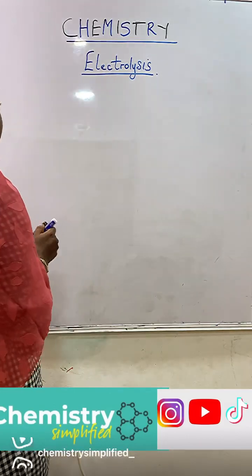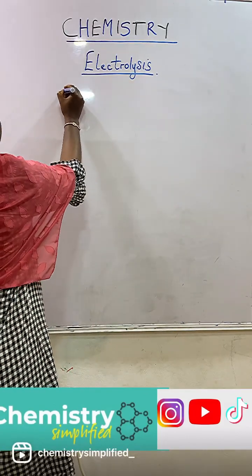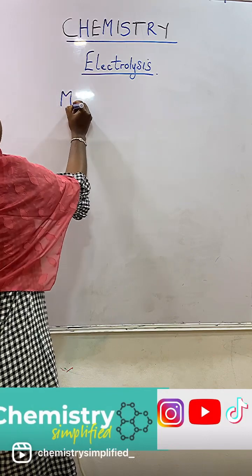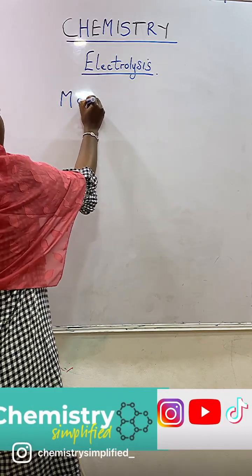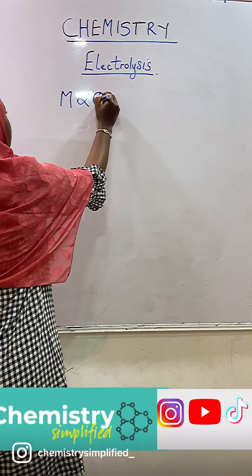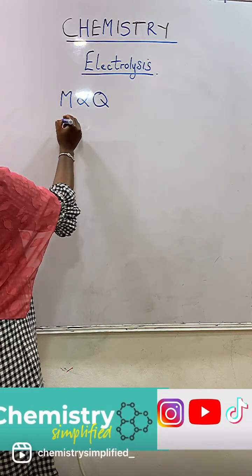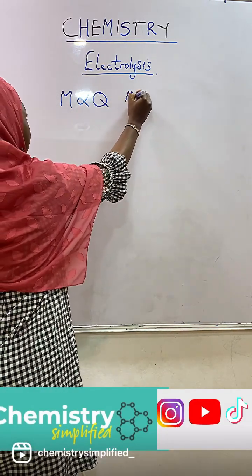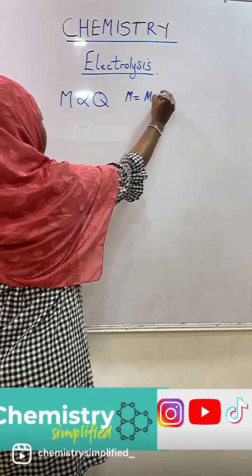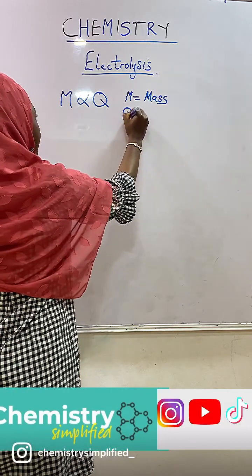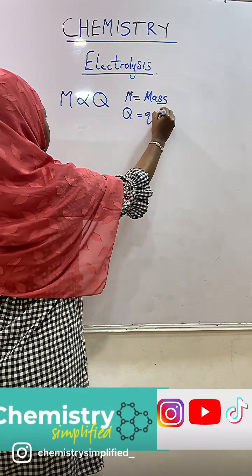We said the mass of an element discharged during an electrolysis is directly proportional to the quantity of electricity passing through it. M here stands for the mass, and our Q stands for the quantity of electricity.